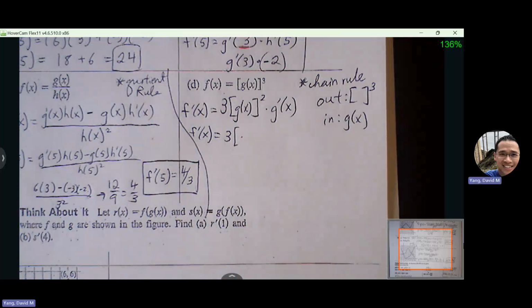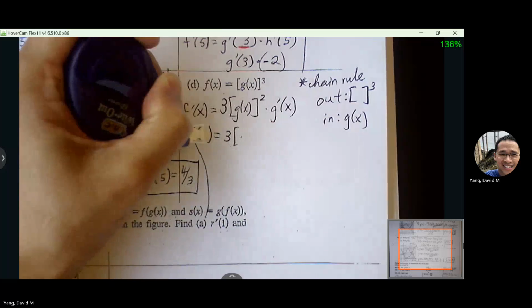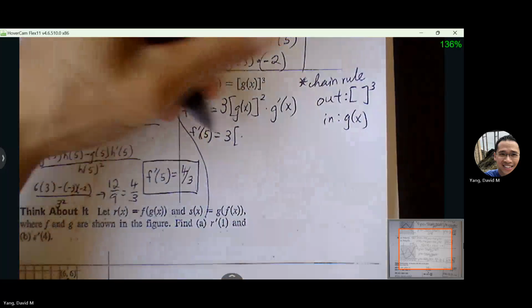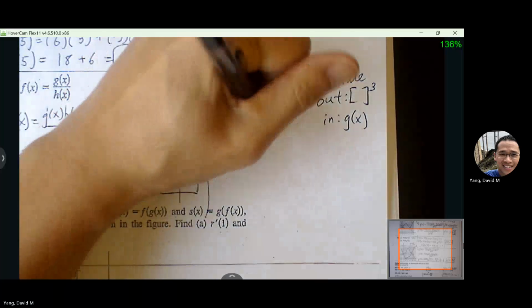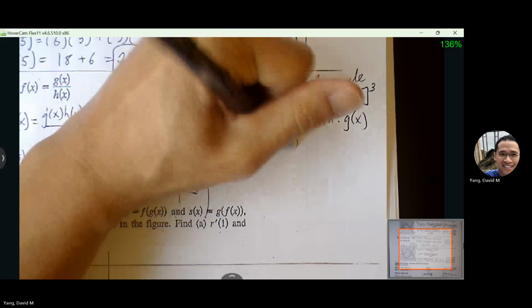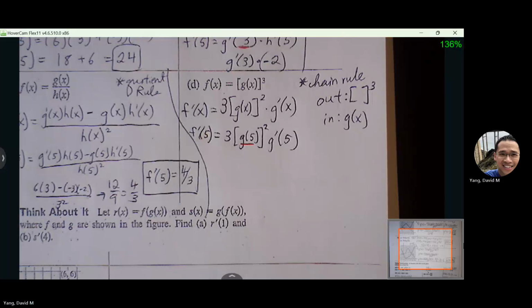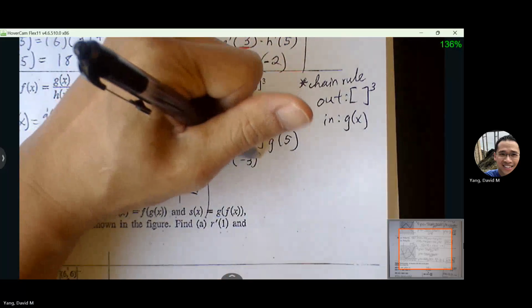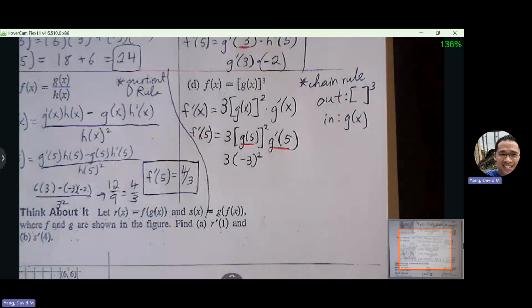Replace every X with 5. Okay, let's fill that piece out, G of 5. Go ahead and put G prime of 5 as well.